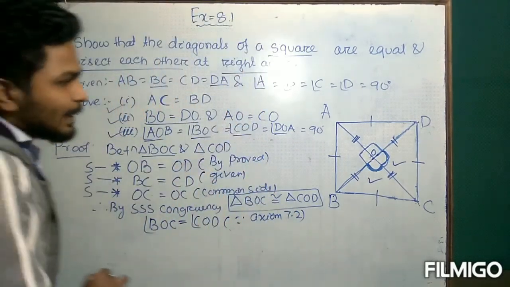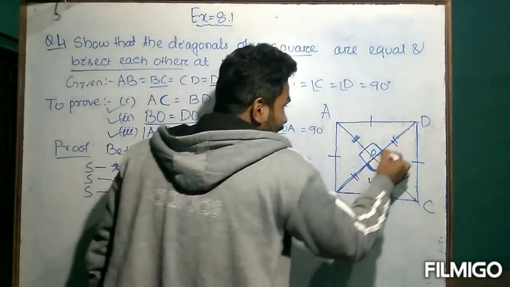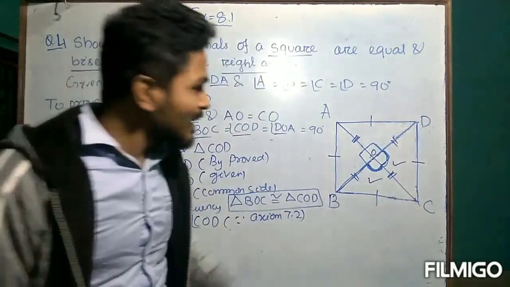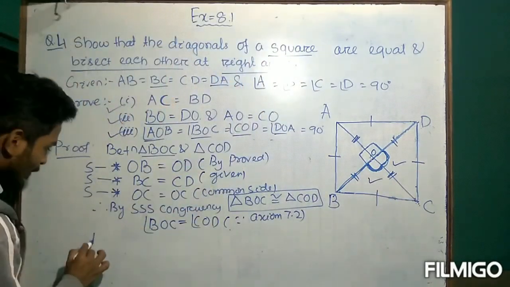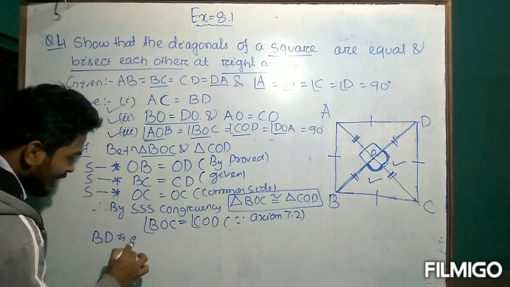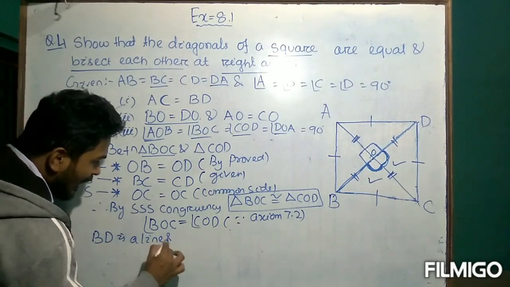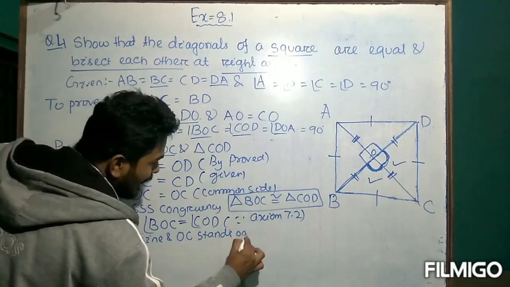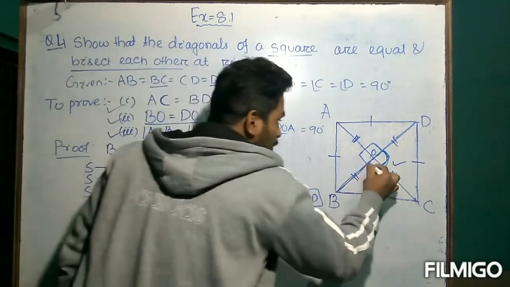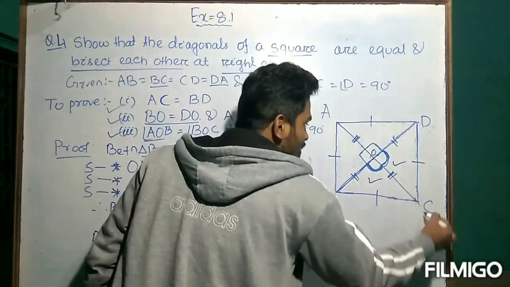Next thing, see, BD is a line, yes, and OC stands on it, yes. It means they form two angles. BD is a line, OC stands on it.